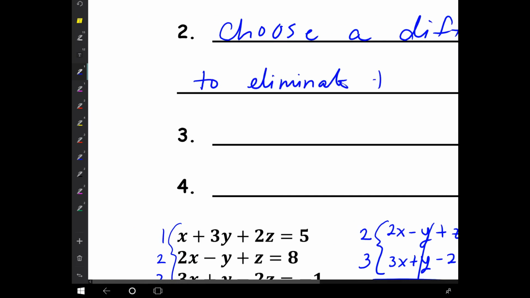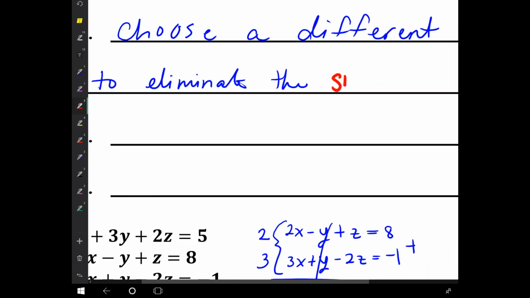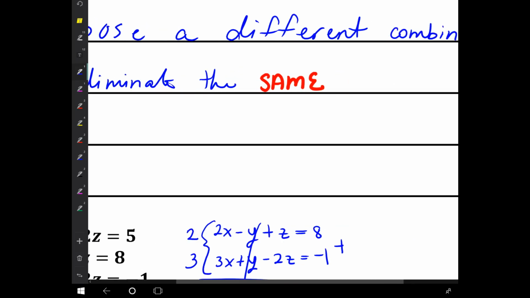Now I'm going to write the word same in capital and different color just because it's really important that you do the same variable as step 1, otherwise you're going to get pretty lost. To eliminate the same variable.